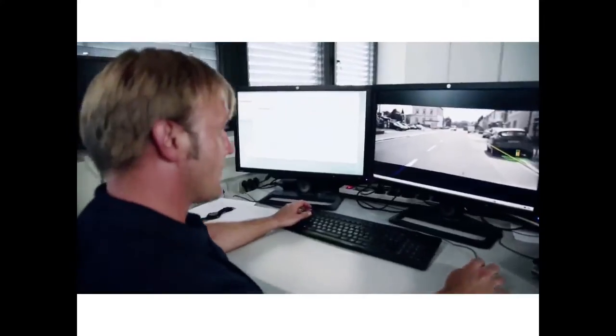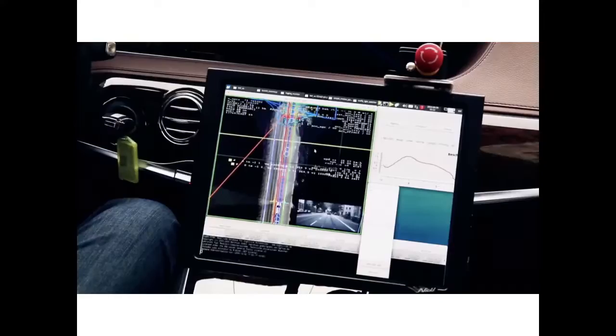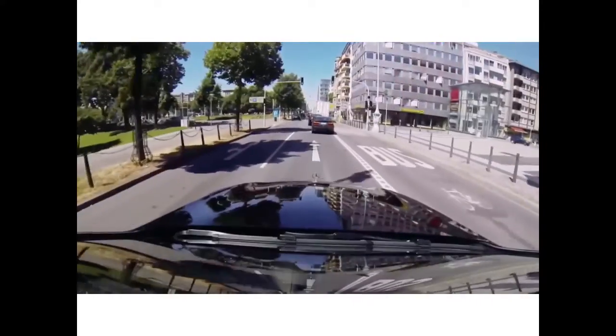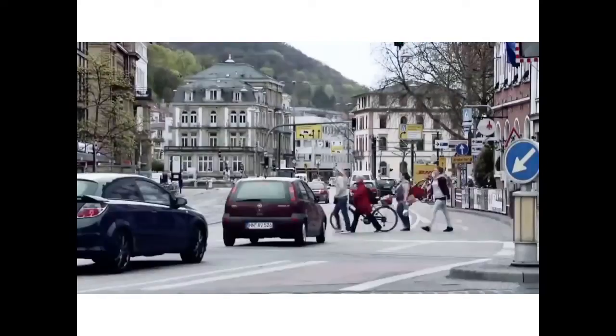Common navigation systems are not precise enough. We needed a localization that can give us exact position on a centimeter base. With cameras, we matched the surrounding with data in our map 10 times a second. Each traffic light has to be correctly identified under all weather and lighting conditions.